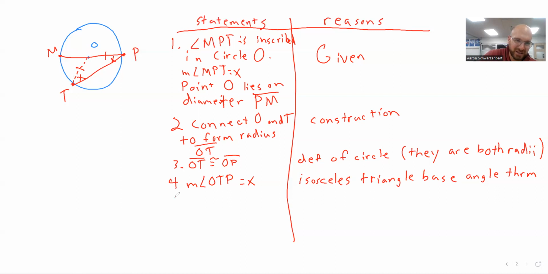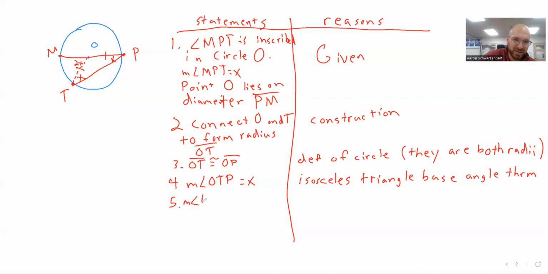The exterior angle theorem says that the remote interior angles, angle OTP and angle OPT, which are both X, are going to be equal to the sum of those two.